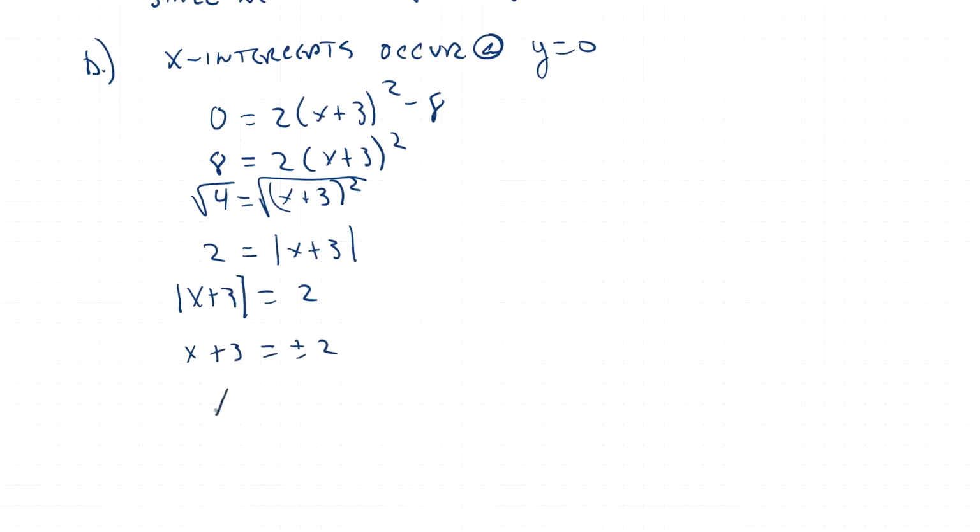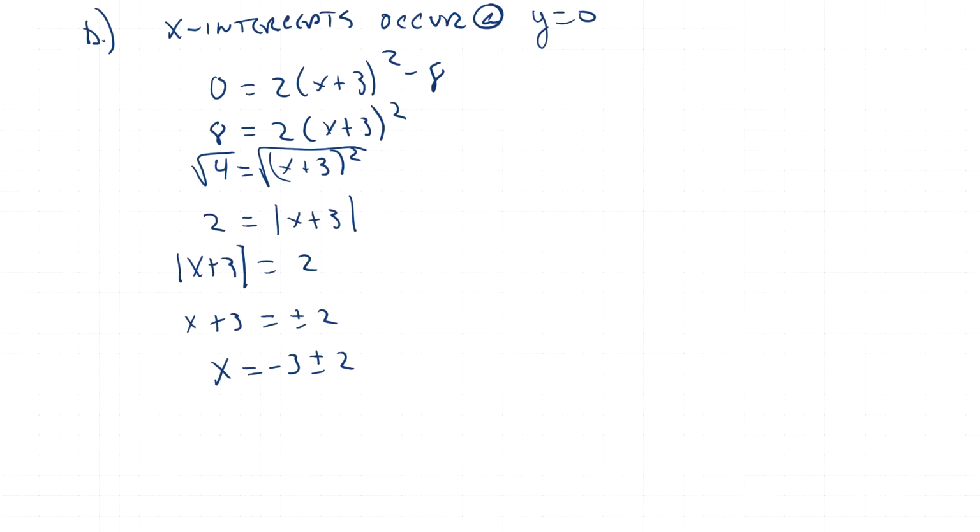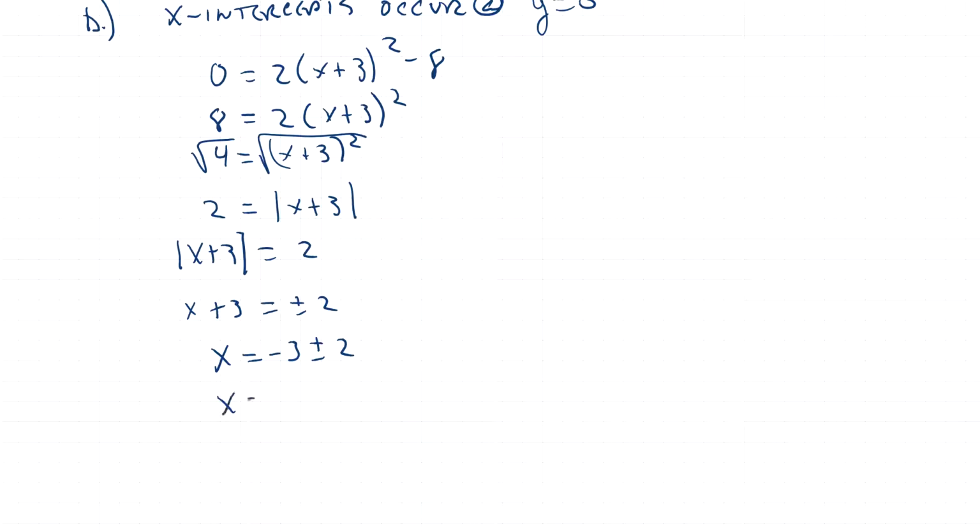So then we get x equals -3 plus or minus 2. And so x is going to be equal to -3 plus 2, which is -1, and -3 minus 2, which is -5. And so that's where we cross the x-axis.